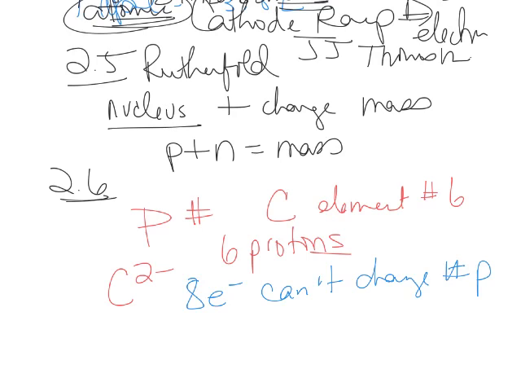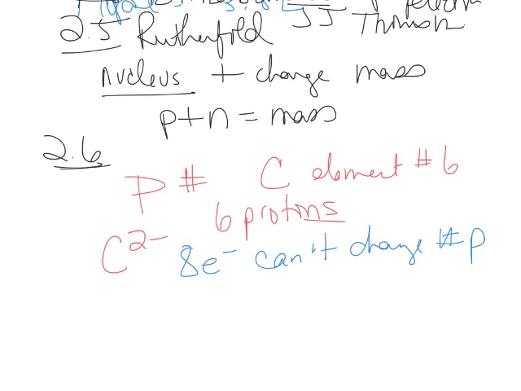But the electrons, we can add and subtract electrons, and by now you should know that group 1A is a +1, group 2A is +2. Transition metals can have variable plus charges because they're metals, and then your nonmetals, which are on the right side of the periodic table, go from -1 for your halogens to -2 to -3 for nitrogens.